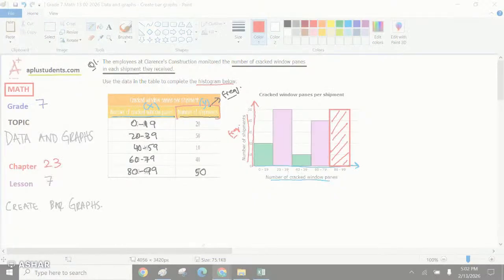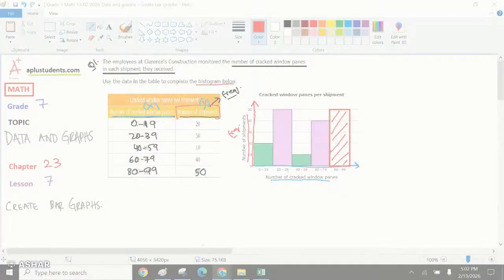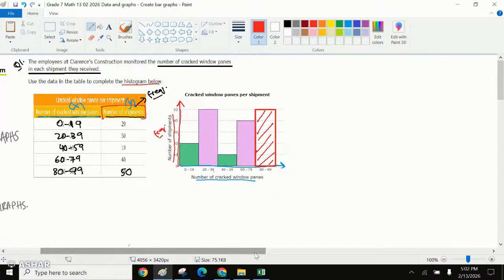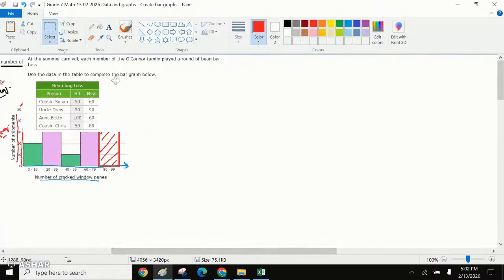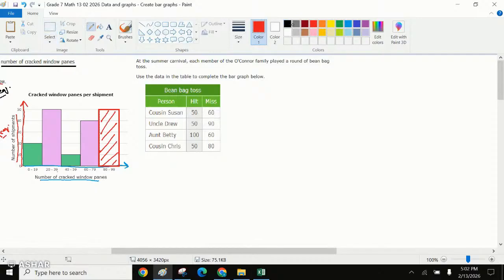The next question says, at a summer carnival, each member of the O'Connor family played a beanbag toss. This was given to us, question number 2.